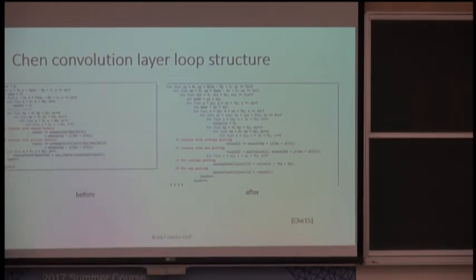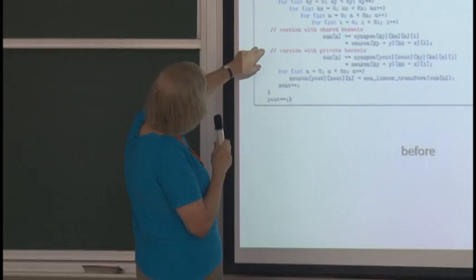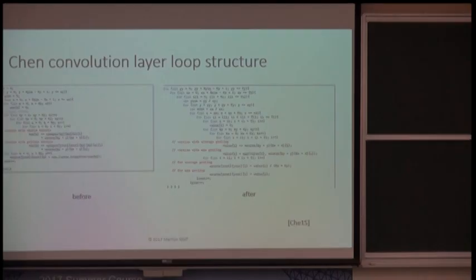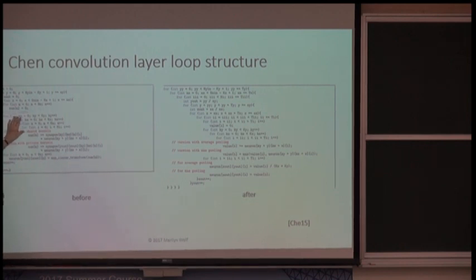But if you look at this set of loops here, there's 1, 2, 3 layers here. This is an initialization, and then there are 4 levels of loop here. That's sort of the main body of the loop.